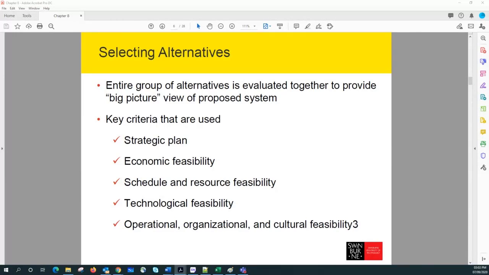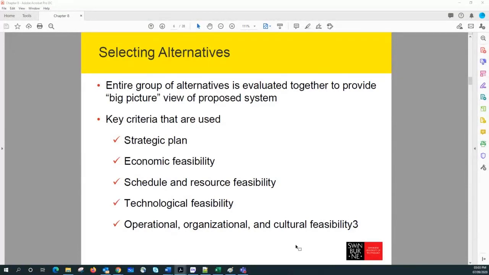So I think it is more risk averse to select the alternative that does not require pushing the organization to implement a state of the art system, because then of course it requires more resources and more technical capabilities than the rest. That is something we frequently evaluate when selecting the alternatives.